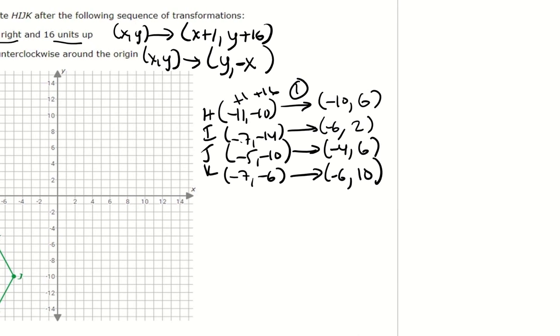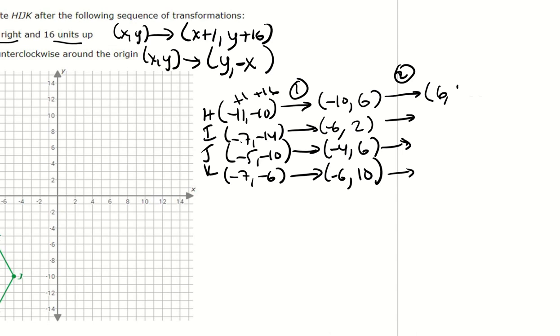All right, and then for the second rule, we have to switch the x and the y and then put a negative on the second coordinate. But the second coordinate, this 10, had a negative already, so if I put an extra negative, it turns positive, right?